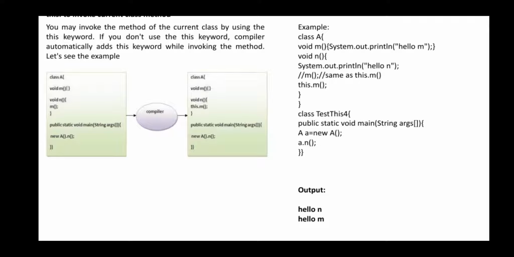You can observe here that only A is created as an object and you call n, and n is executed and displays hello n. What is next? m, using this. This means without creating an object or calling through the object, you can execute the statement. That is the importance of using this operator.